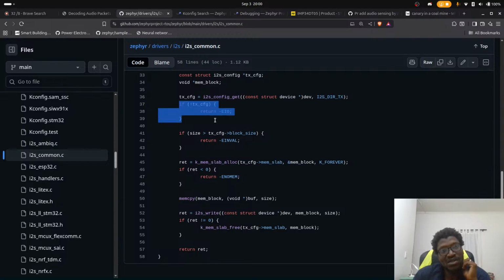If not txconfig, return IO. If not txconfig. So this is failing. Wow, I'm actually quite impressed. We found out that it's a different error. So this is failing because txconfig is exploding.